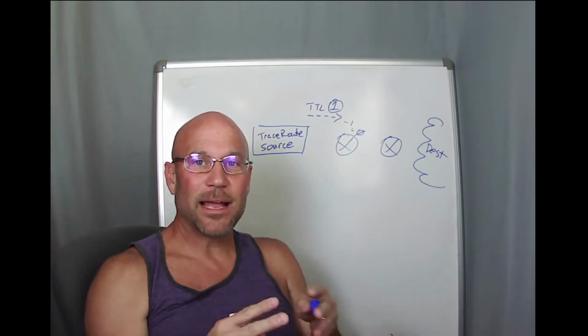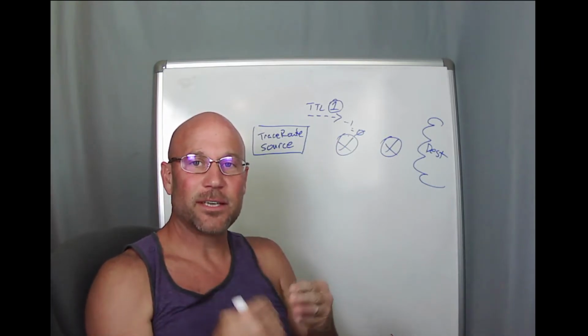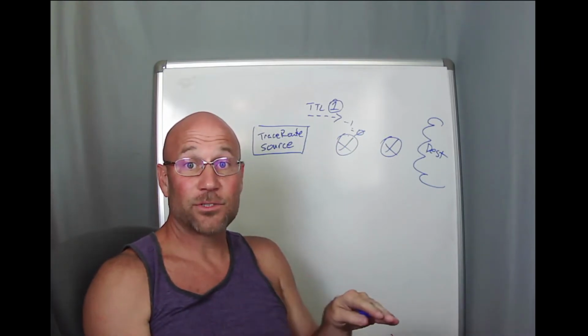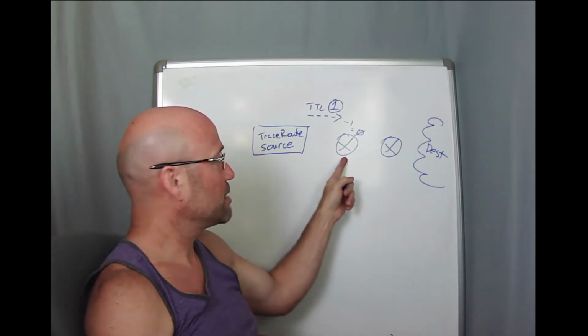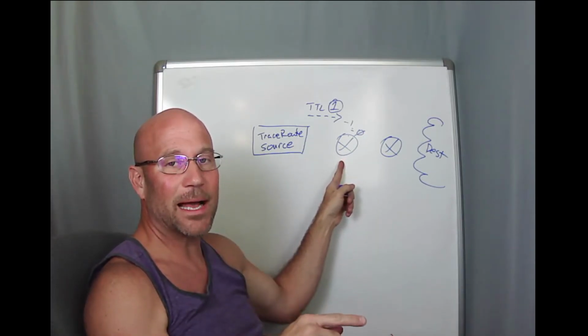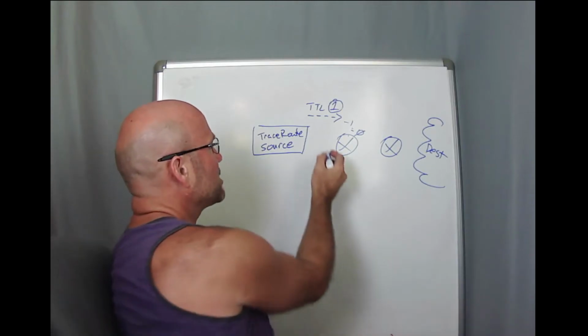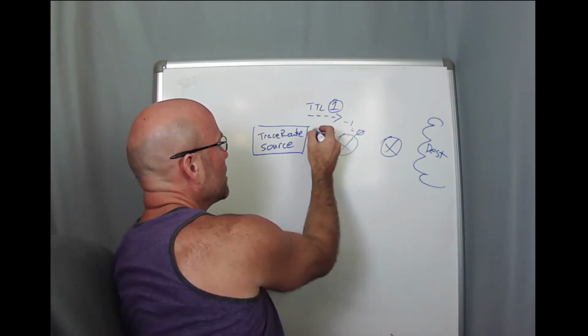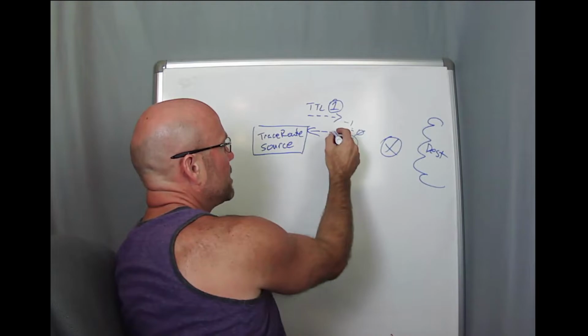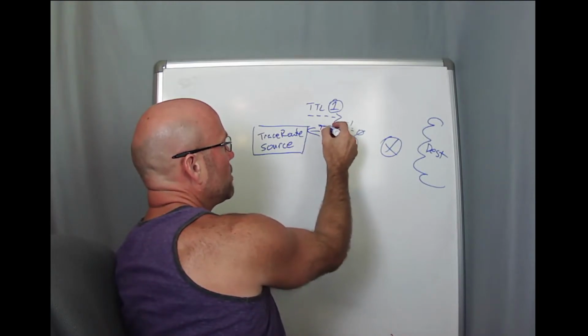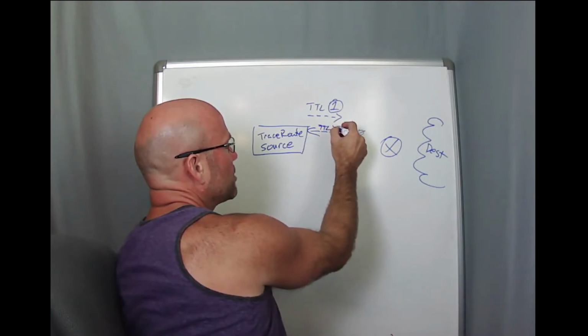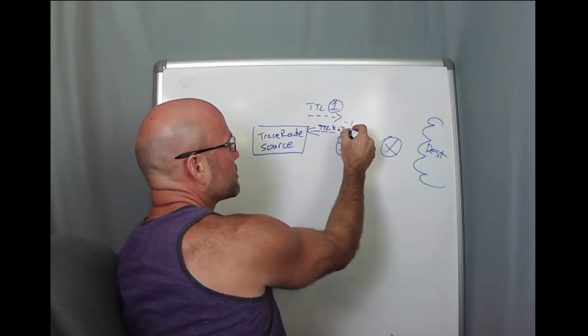And we also now know that when a TTL is decremented to 0, the packet is dropped, and the device dropping the packet sends back a TTL expired in transit message. So this router sends back TTL EXP, I'll just put an X, expired in transit.